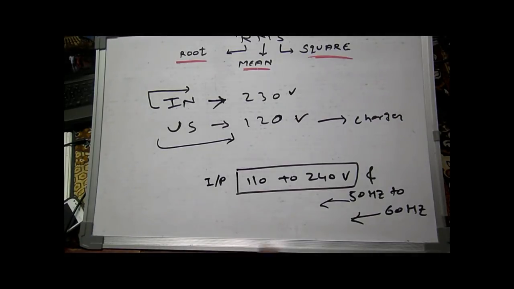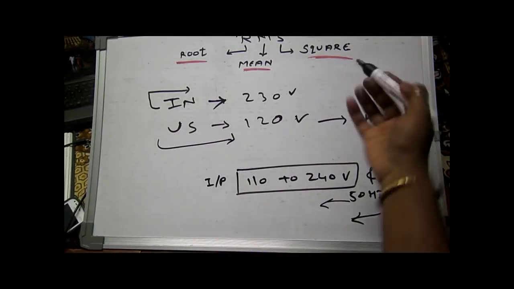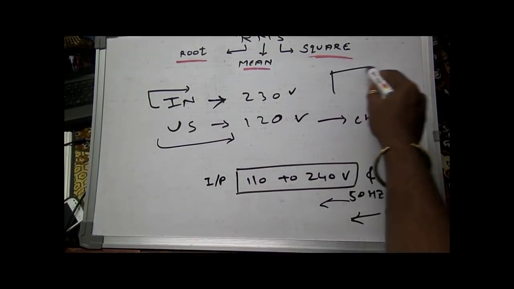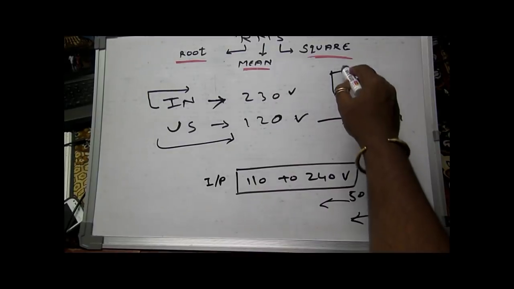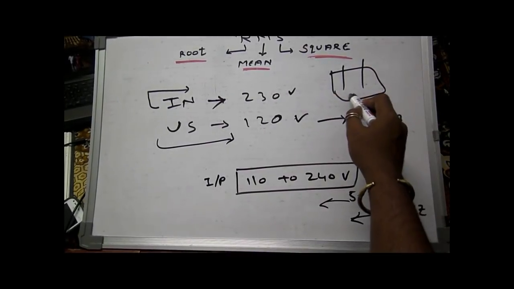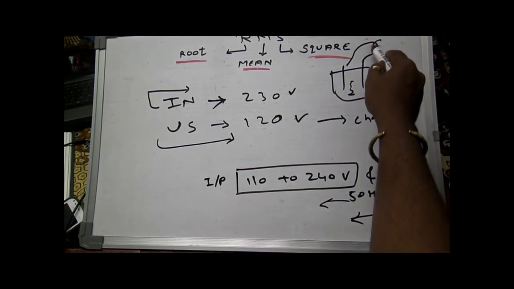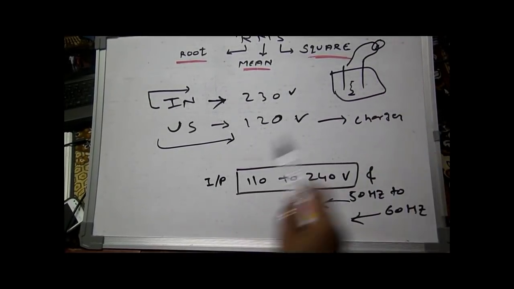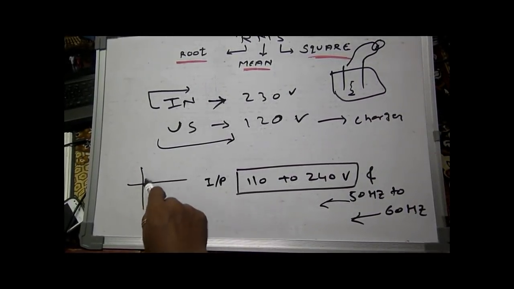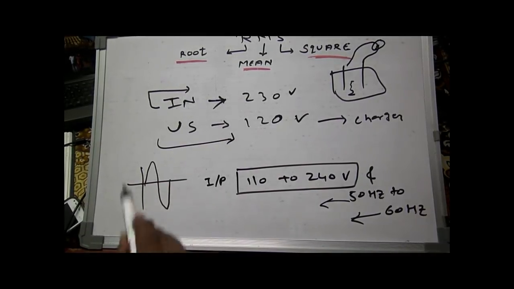In DC it is very simple: there is a cathode and anode, some electrochemical reaction happens, and current flows through the wires and passes through the loads. But in AC the waveform is like this. What makes that waveform alternate?